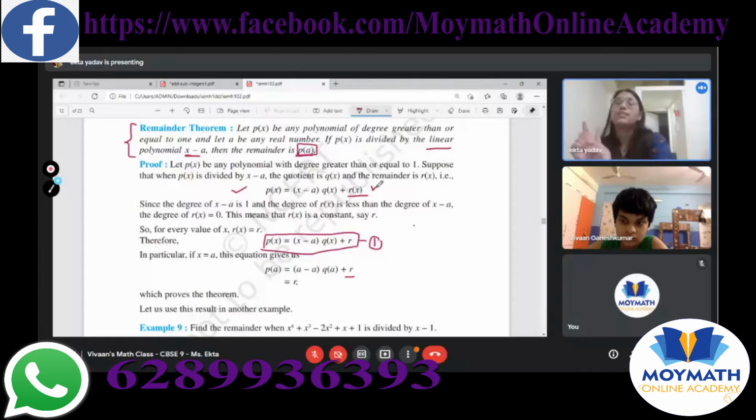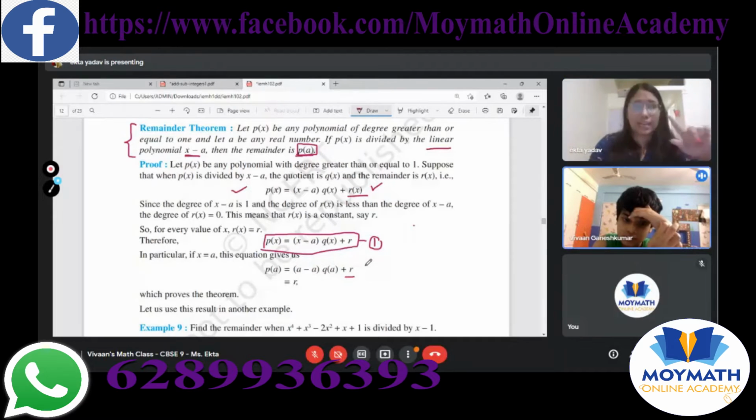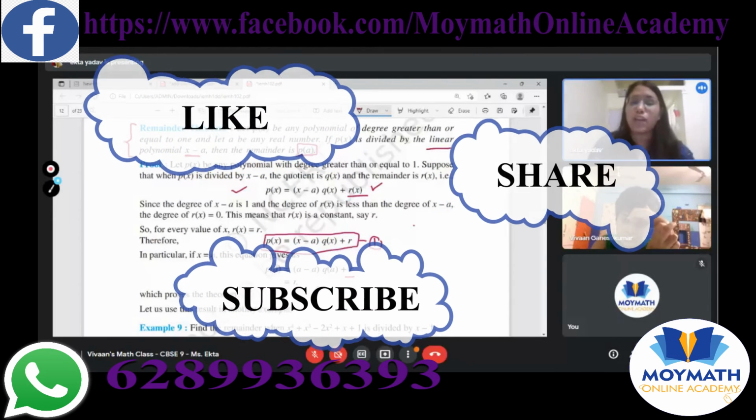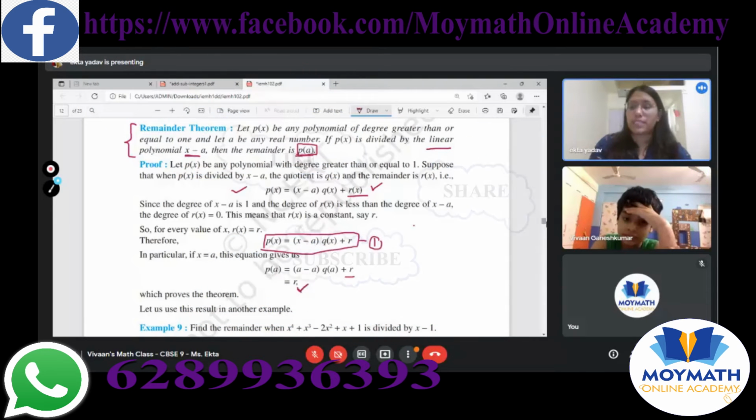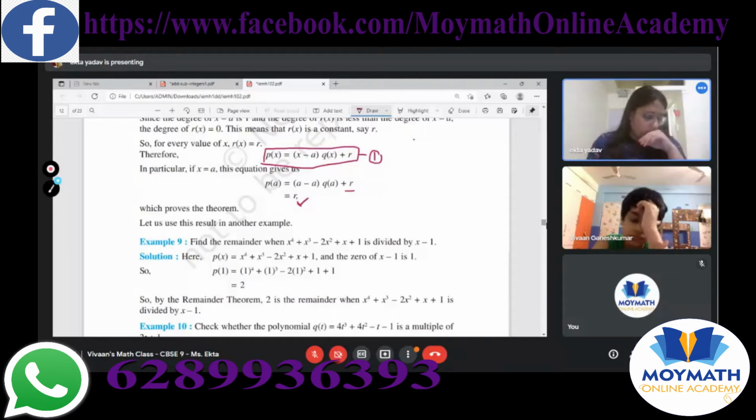That's why r(x)'s degree is 0, which means it's a constant polynomial. So we rewrite the equation as p(x) equals (x minus a) q(x) plus r. When we replace x by a, we get the remainder r. So this is basically the remainder theorem.